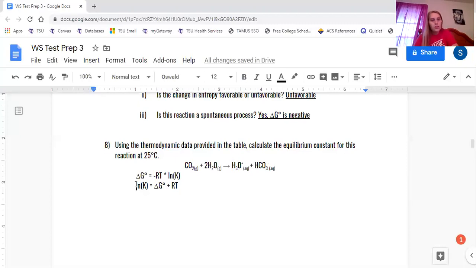We don't know delta G yet, so we can't do that yet. What we do know, we know R, because that's the constant I was saying a second ago. And that is, where did I write it down? Here it is. Okay, that's the 0.008314 kilojoules per mole K.